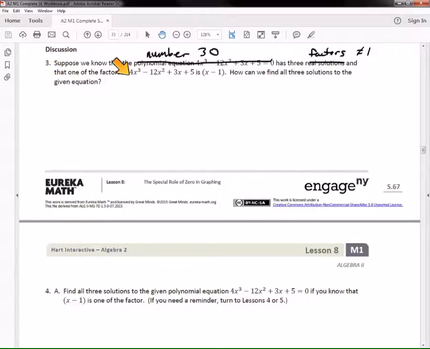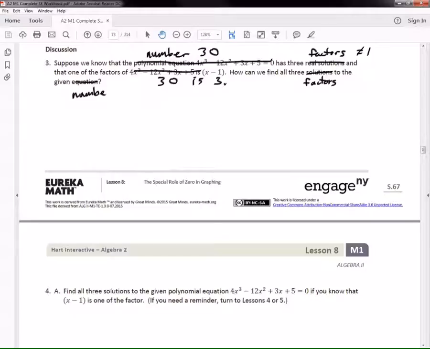And one of the factors of 30 is 3. How can we find all 3 factors? All 3 numbers, or factors, to the given number.